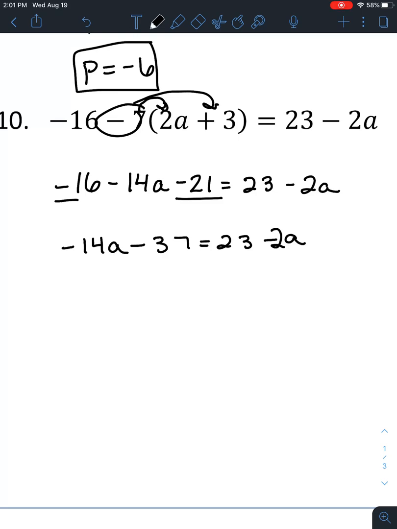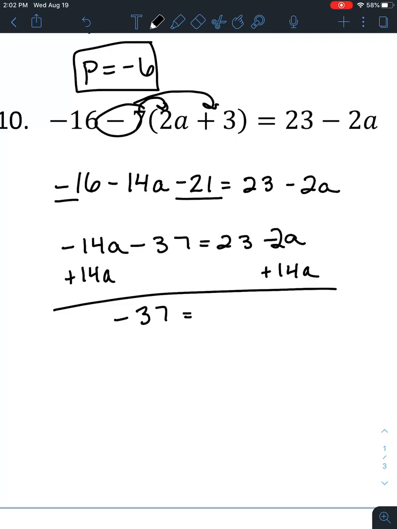Going to my smaller of the variables, so I'm going to add 14a to both sides. So that gives me negative 37 equals 23 plus 12a. Minus 23 to both sides.